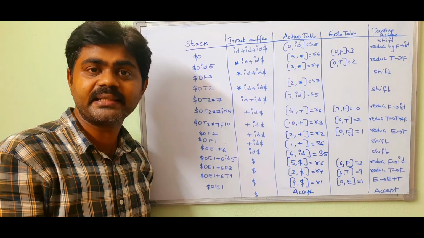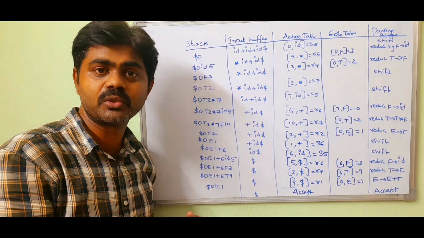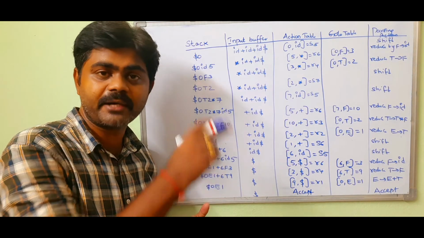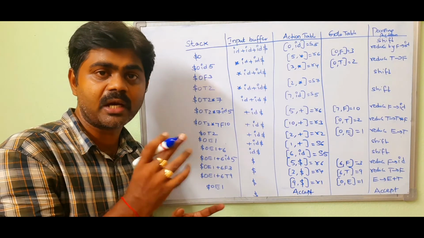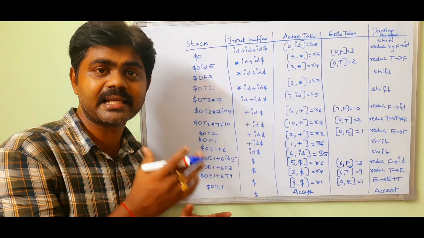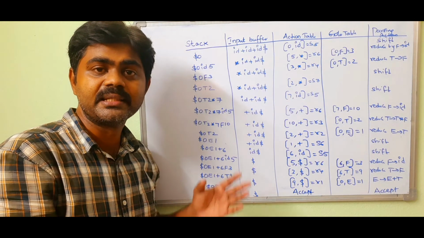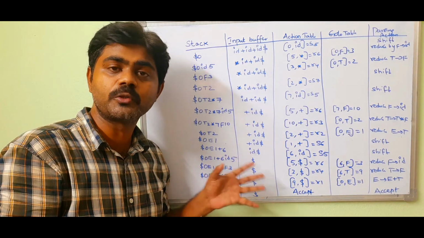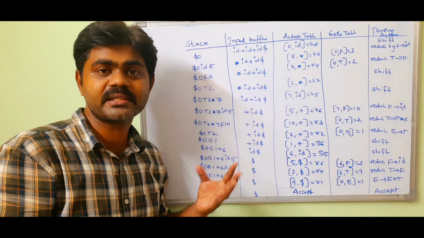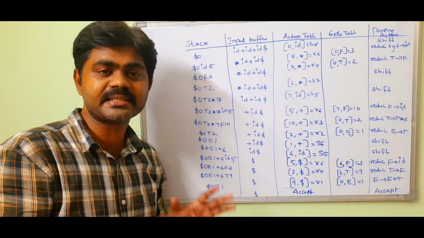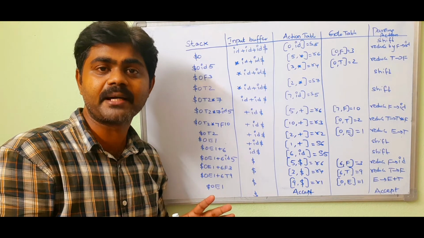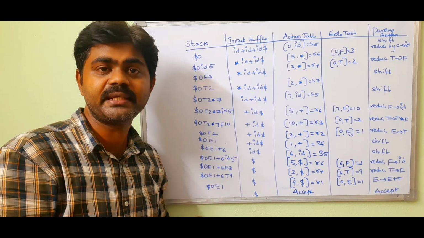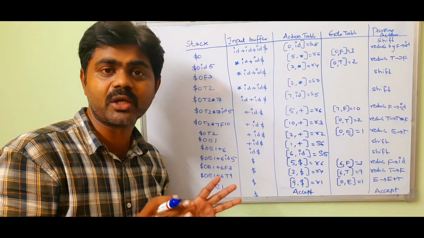After applying closure and go to we got I0 to I11, and how to find follow for that, and how to construct an SLR parsing table. After constructing the parsing table, we saw how to parse the given input string. This is the complete topic about the simple LR parsing table along with parsing of the input. I hope you understood the concept.